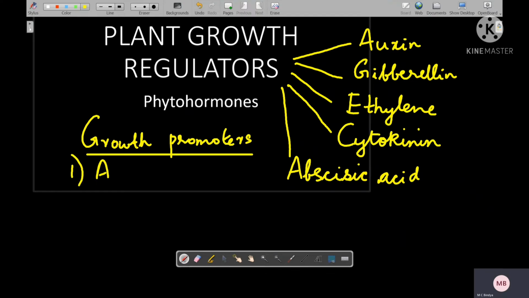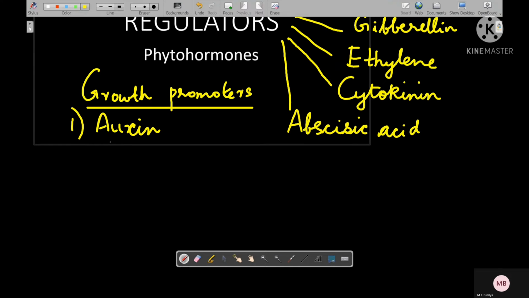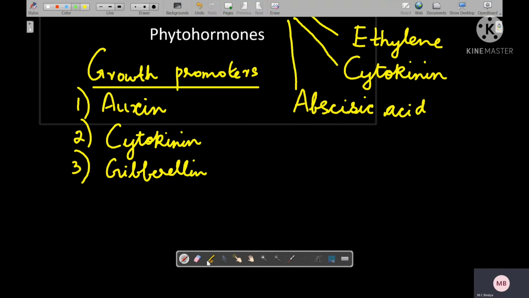One is auxin, and second cytokinin, third is gibberellin, and then comes growth inhibitors.